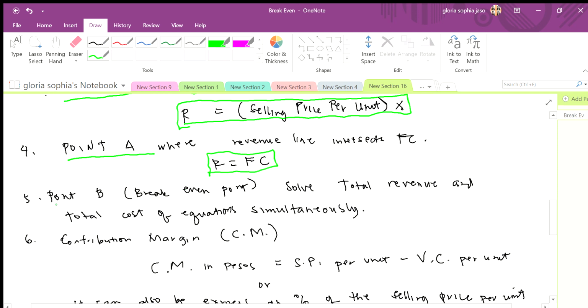Okay, next is the point B, or the break-even point. To solve, we equate the total revenue and the total cost equations simultaneously.